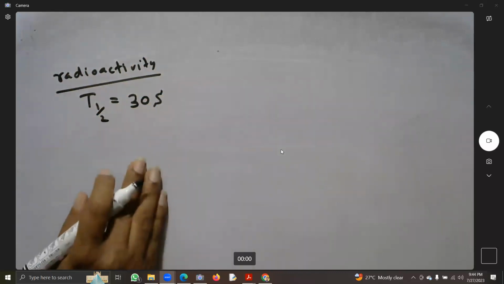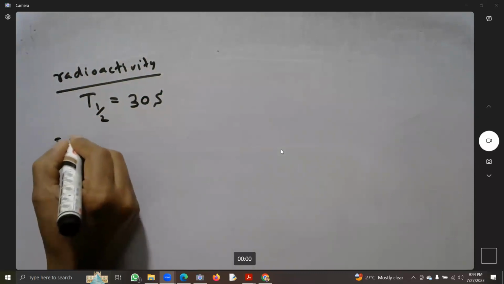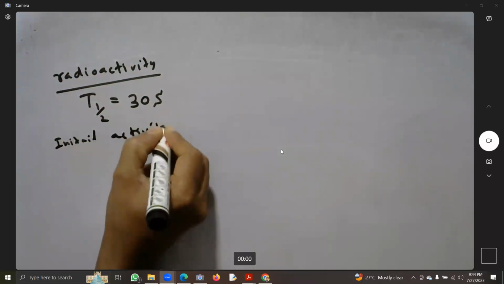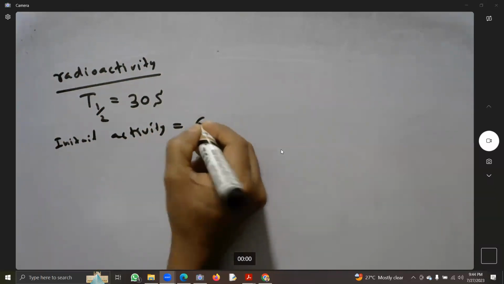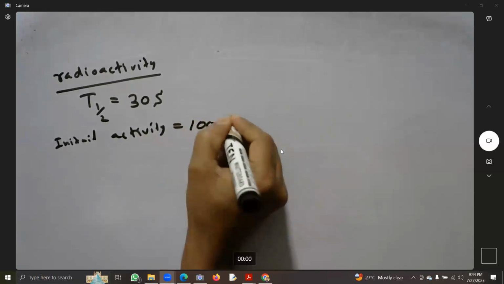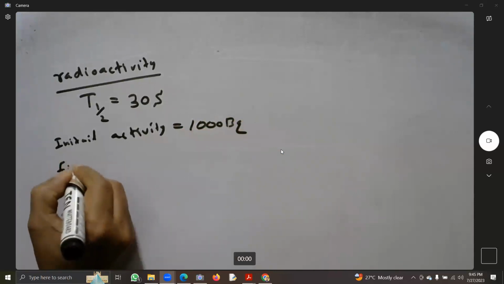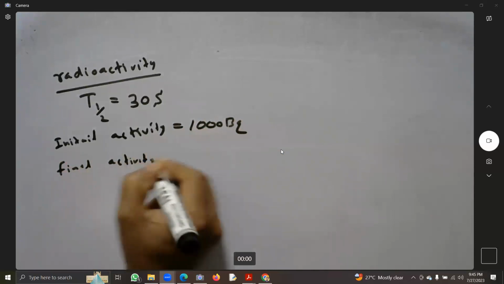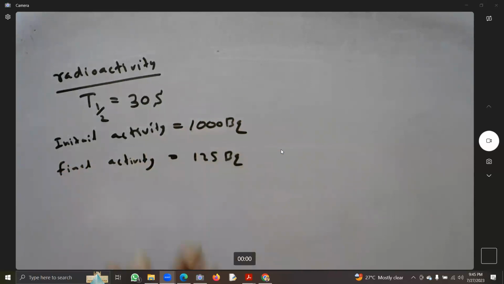It has an initial activity of 60,000, and the final activity is 125. How long did it take?